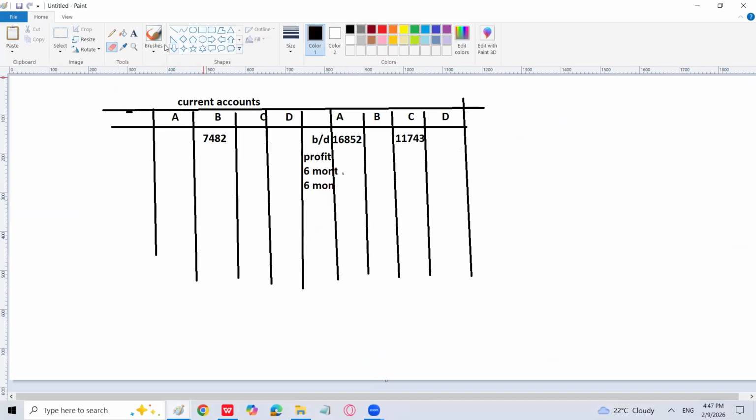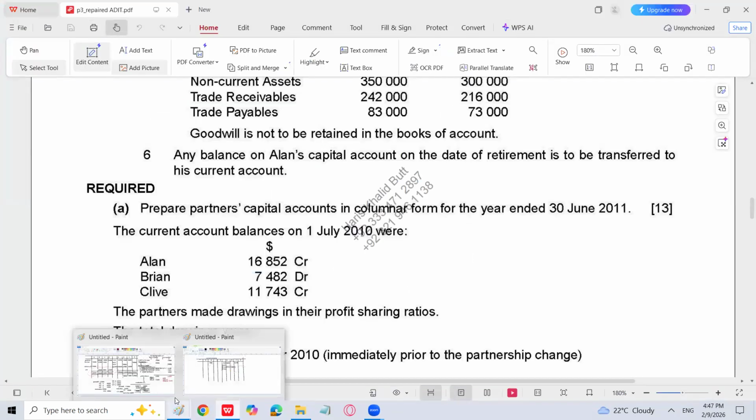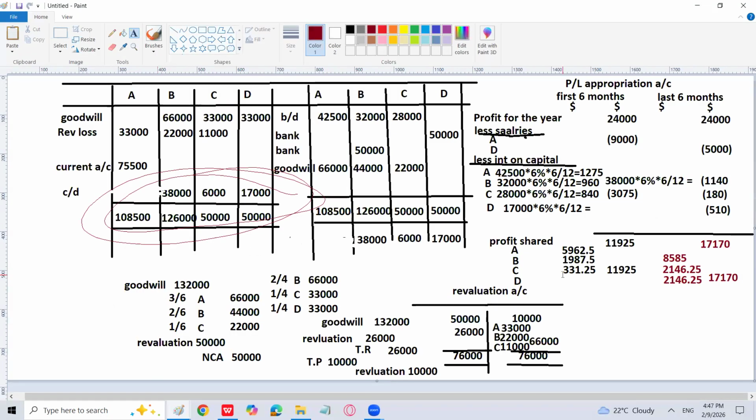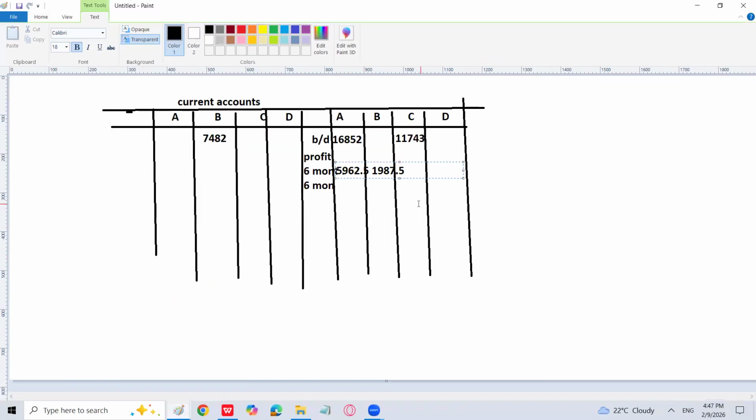I will write here first 6 months 5962.5. Then the other is going to be 1987.5, 1987.5. And then for the last person, it is how much? It is 331.25. I can write here 331 is even fine, no problem.